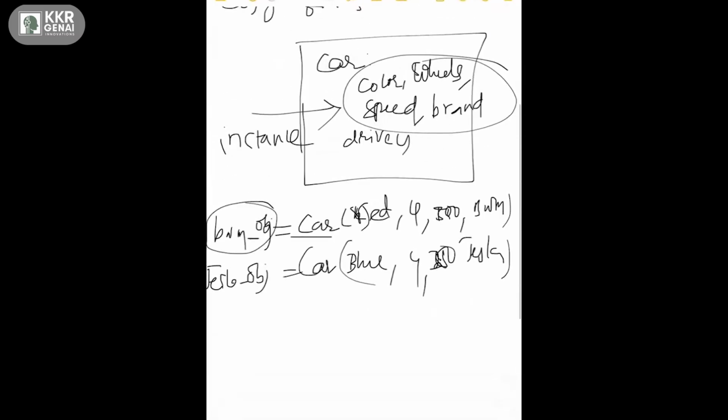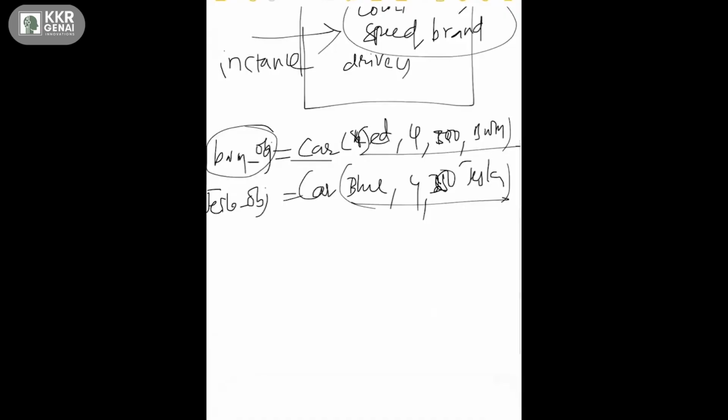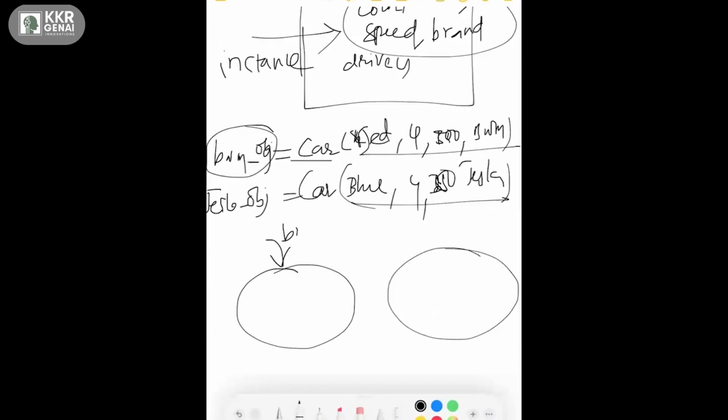As I mentioned, all these are instance variables. Here I'm creating two objects: one is the BMW object, and the second is the Tesla object. For each object, if you have instance variables, a separate copy will be created. So in the BMW object, you'll have a color attribute, a speed attribute, a number of wheels attribute, and a brand attribute.